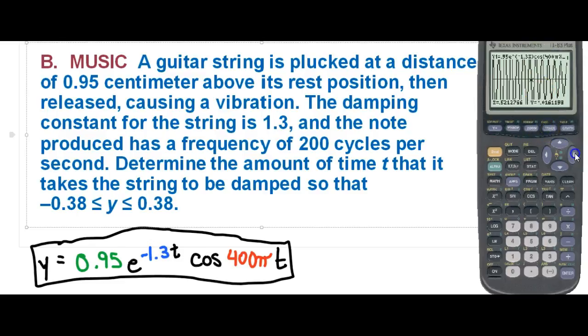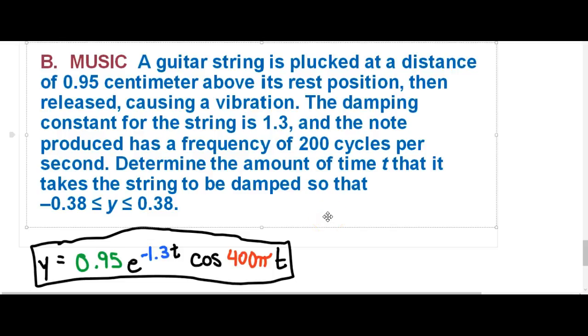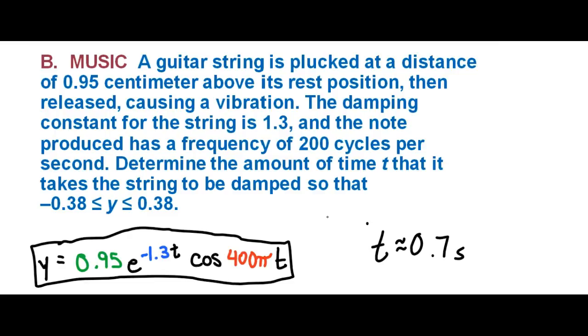So when I trace this, it looks like it's about around this area where we're getting that max of 0.38 and that min of negative 0.38 here. So it's somewhere in this area where we're going to hit that y equals 0.38, which appears to be at x equals 0.7 seconds. The amount of time t appears to be roughly 0.7 seconds. So that's how you can figure out how long it takes to damp to that level.